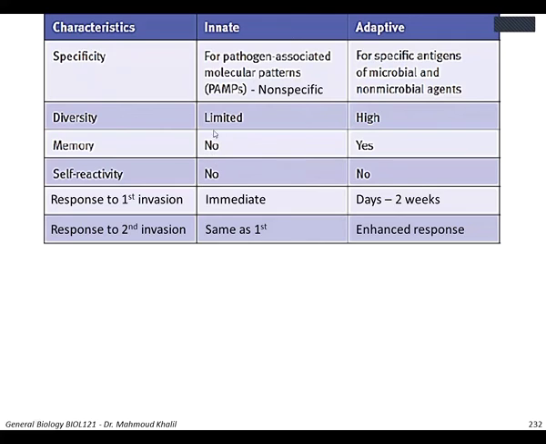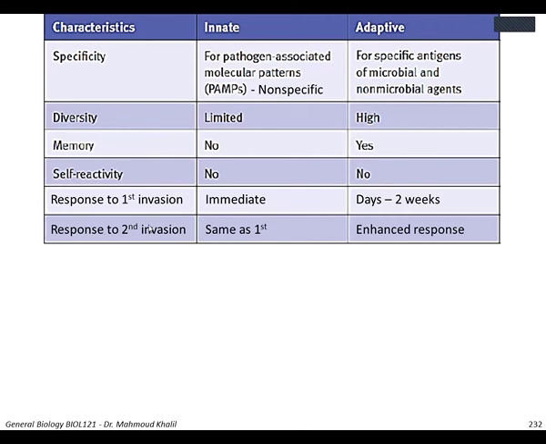There is no memory in the innate. Of course, both of them have no self-reactivity. The response to the first invasion of any particular antigen is immediate for the innate because it's the first line of defense, but it is late, up to 2 weeks, for the adaptive, until the body is activated and B and T cells divide and secrete the antibodies.